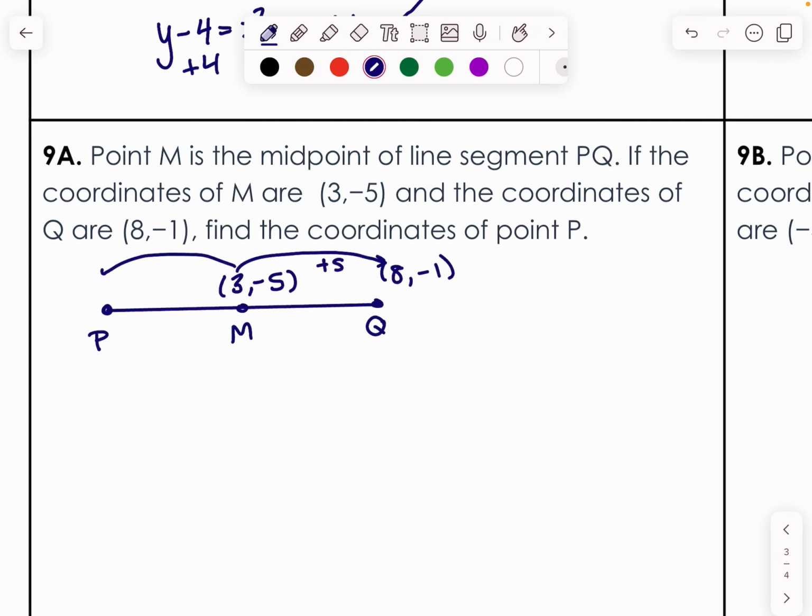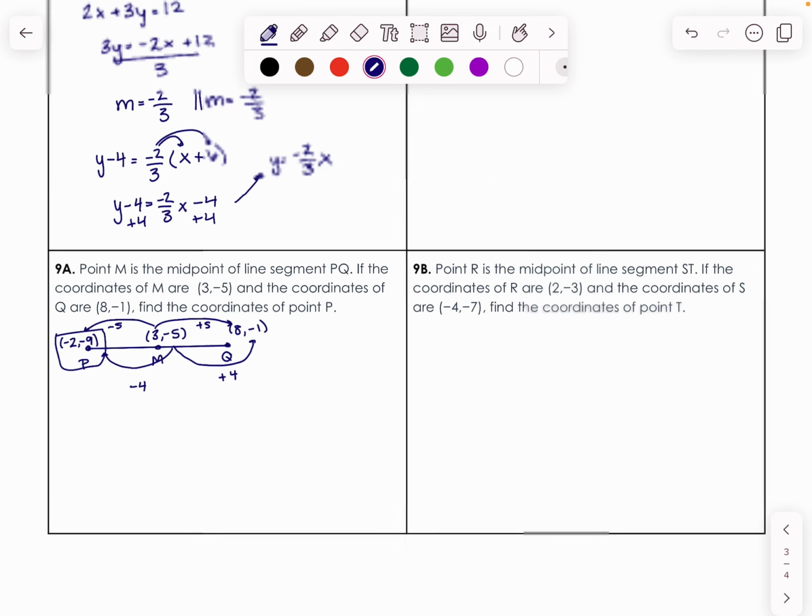So going in the other direction, I'm going to subtract 5. So 3 minus 5 is going to be -2. All right, and then I do the same thing with my y values. So to get from -5 to -1, I add 4. So in the other direction, I'm going to subtract 4, and that gets me -9. All right, so then y'all would do 9B.